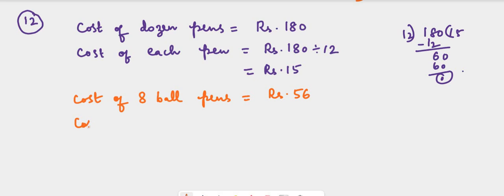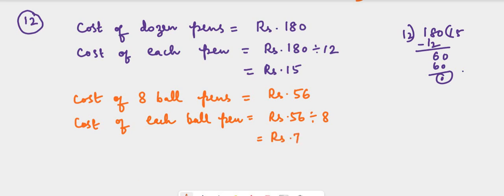Cost of each ball pen is equal to 56 rupees divided by 8, rupees 7. Why are we calculating cost of each item? Because we require the ratio between the cost of each item. That's why we are calculating cost of each item.